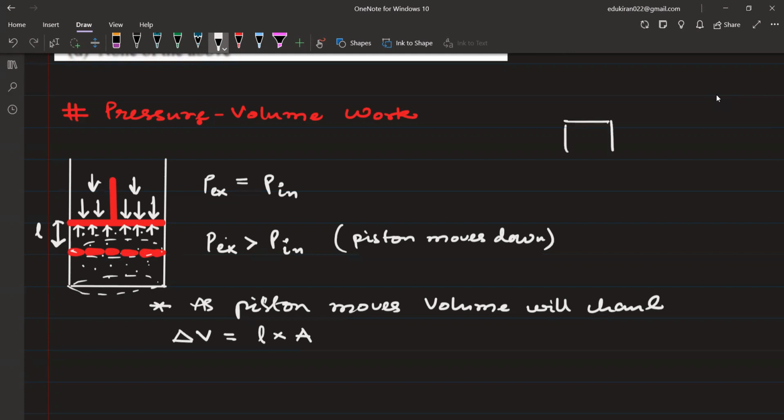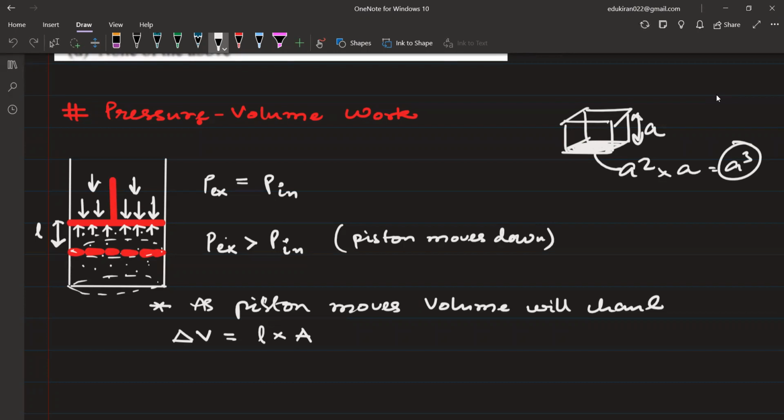Because what is volume? If I talk about a cube, तो cube का volume क्या होता है? वो the area of the base is a square and the length is a, है ना? तो area of the base into the length, that is equal to a cube. Similarly, the area of the base, that is equal to A, and the length it moves, that is equal to L. Clear, guys?